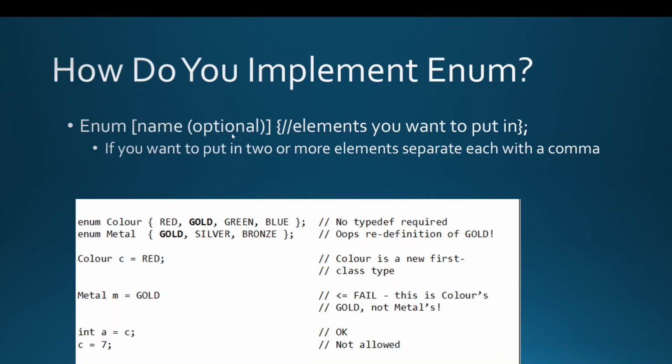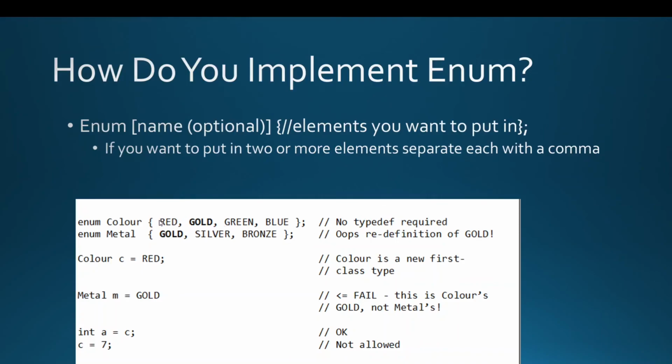Then after the closing curly brace, you put a semicolon. You need to put that semicolon or else you're going to get an error. Inside the braces, you put however many elements you want, but be sure to separate each of these elements by a comma.